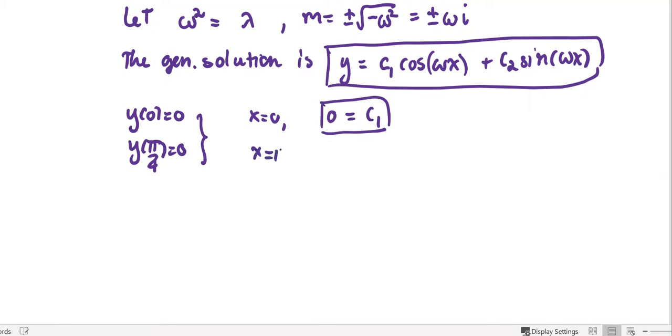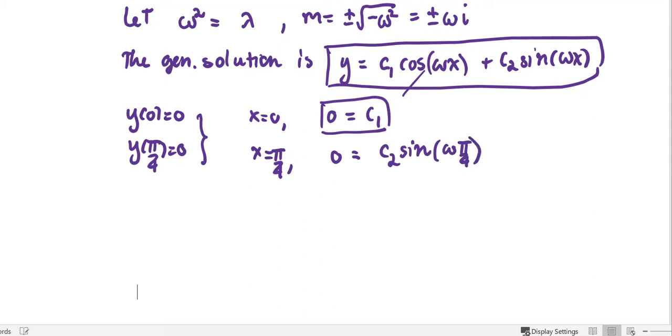And next, for x equals pi over 4, we get 0 for y equals, c1 is already 0, so the cosine term here is gone. And then c2 multiplied by sine of, not 0 again. So x is pi over 4, I'm wrong. So it's going to be c2 sine of omega times pi over 4.